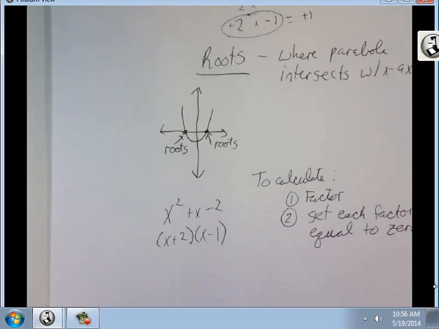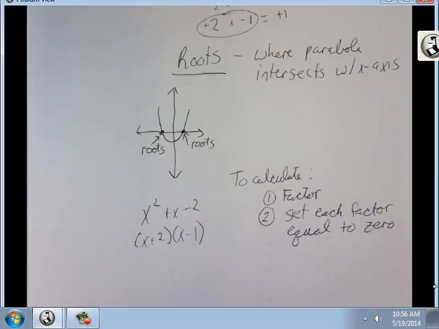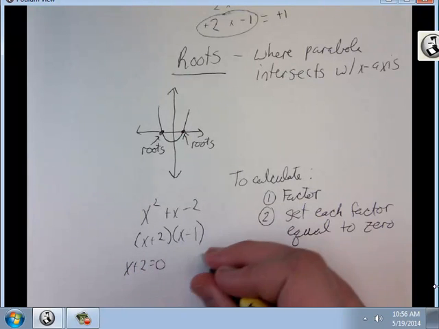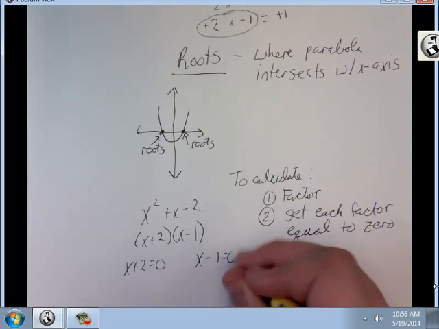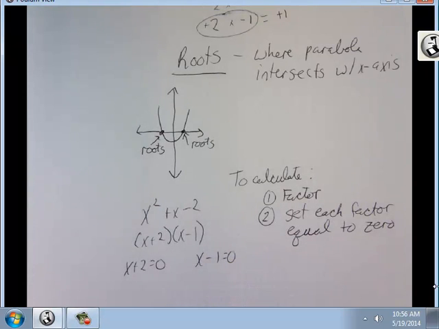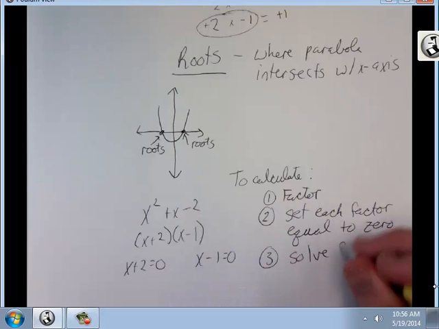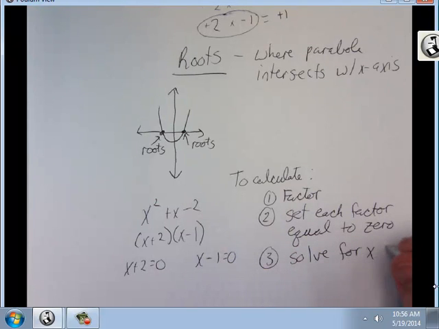So x plus 2 equals 0, x minus 1 equals 0. Then solve for x in each factor.